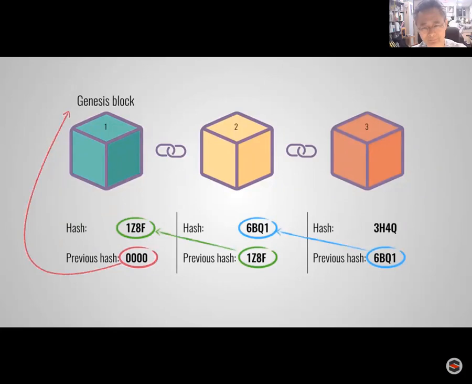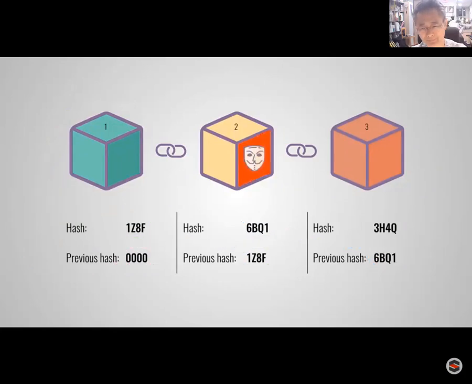We call this block the genesis block. Now let's say that you tamper with the second block. This causes the hash of the block to change as well. In turn, that will make block 3 and all following blocks invalid because they no longer store a valid hash of the previous block. So changing a single block will make all following blocks invalid.